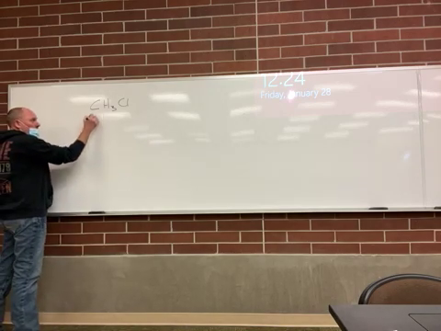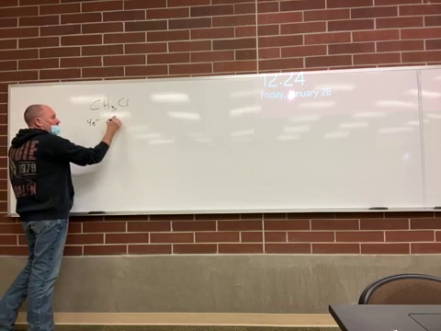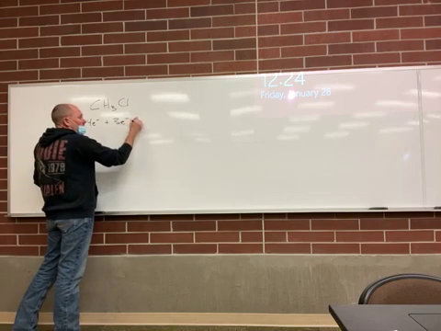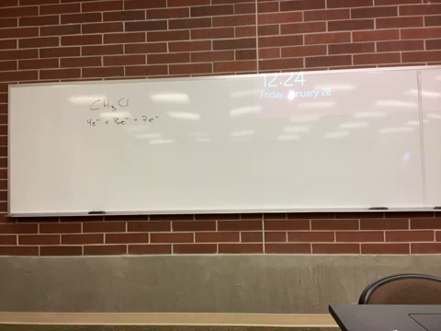So this carbon has 4 electrons. Each hydrogen brings in 1 electron. Chlorine has 7 electrons. How do I know that? The valence shells. And where up here do I know that?